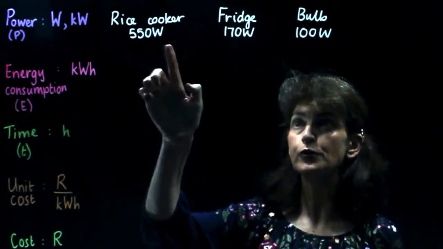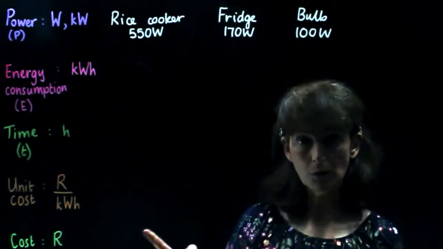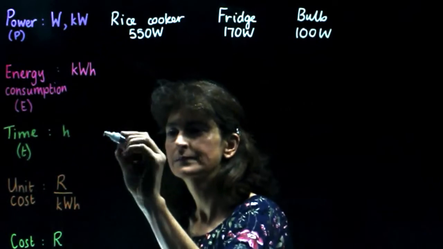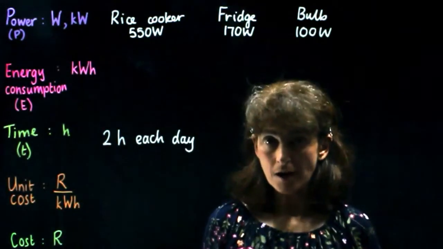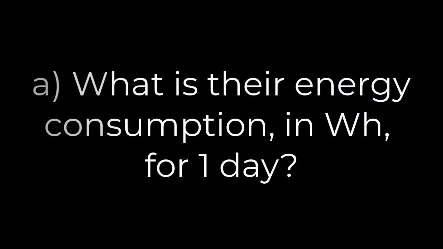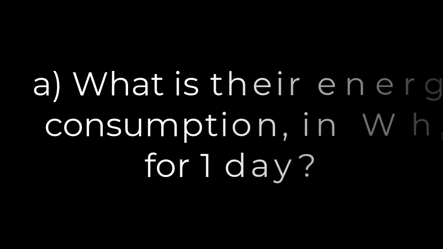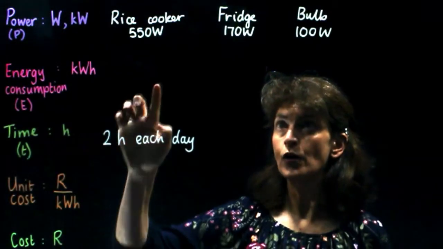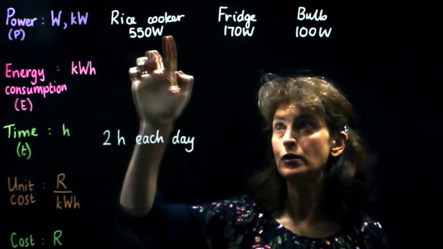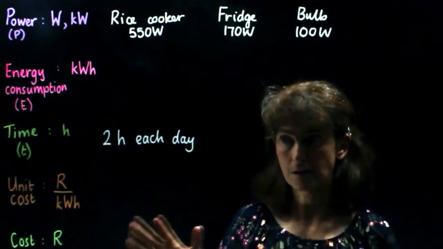We're told that we use each of these for 2 hours each day. And we're asked, first, to calculate the energy consumption for these appliances altogether for 1 day in watt hours. So in other words, using this for 2 hours, this for 2 hours, this for 2 hours. That's what we do in 1 day.